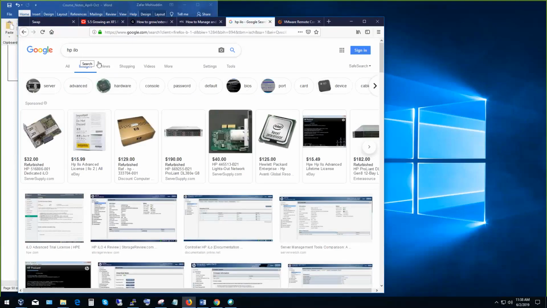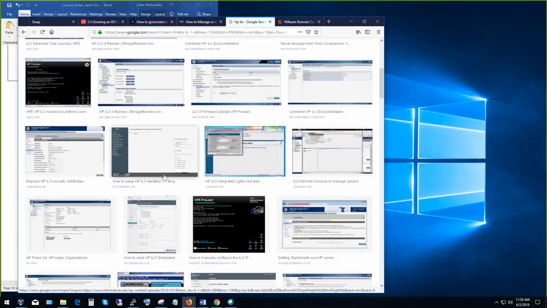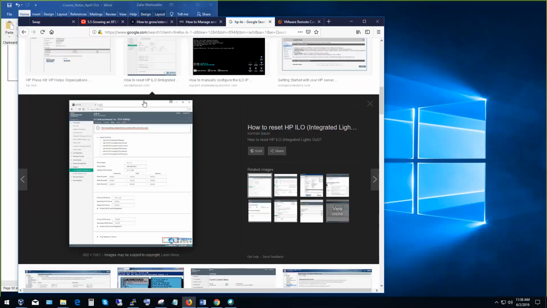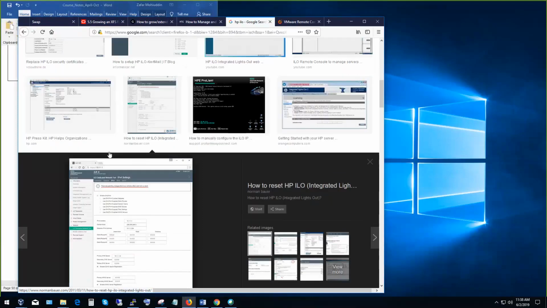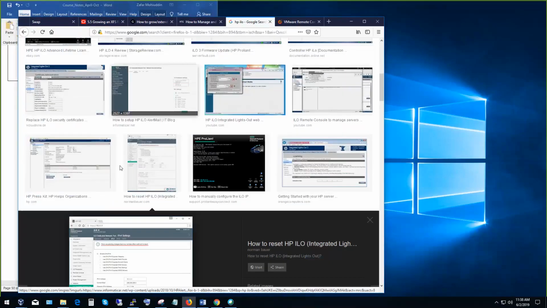For HP, it's called iLO, Integrated Lights-Out, and it's a device that is attached physically to the HP servers. You could go in there, and there are so many things in there. It has its own IP you could manage, and you would be as if standing in front of the physical server.